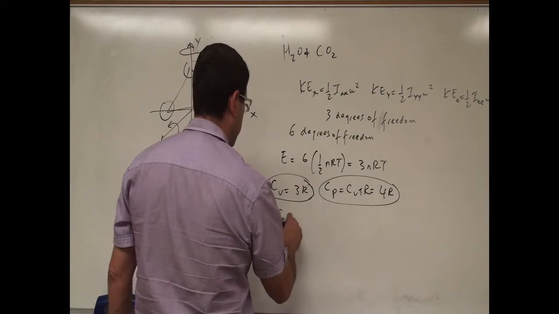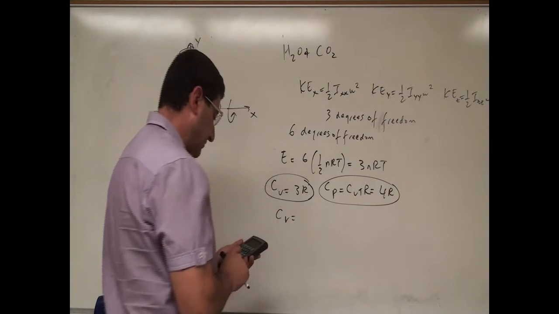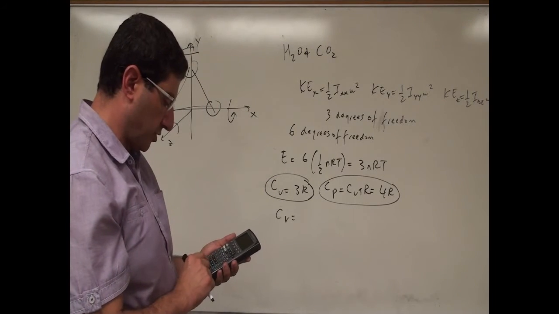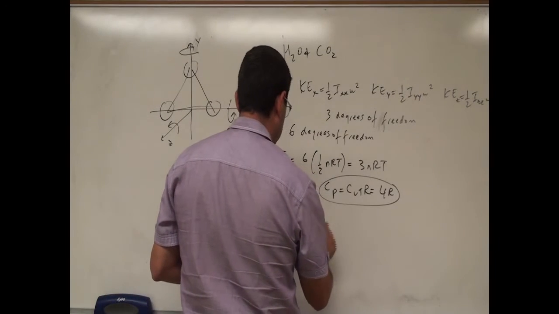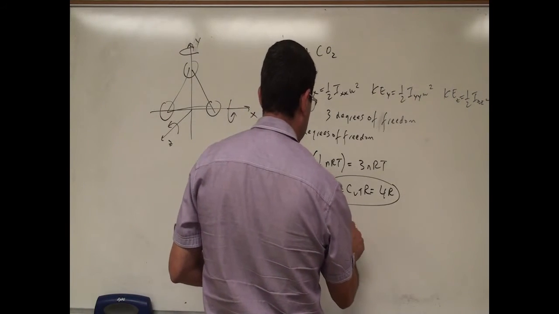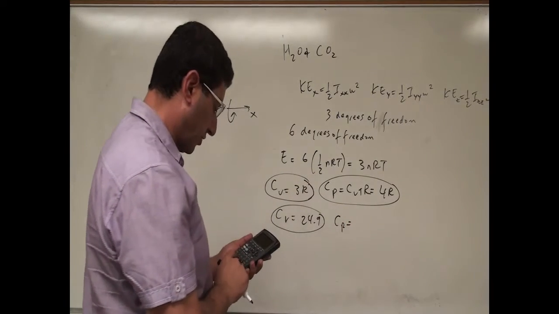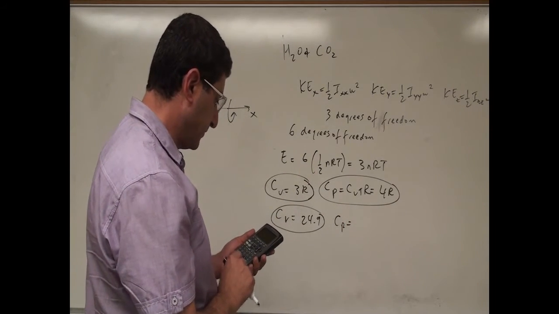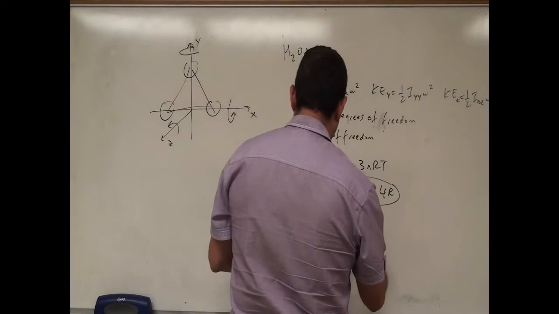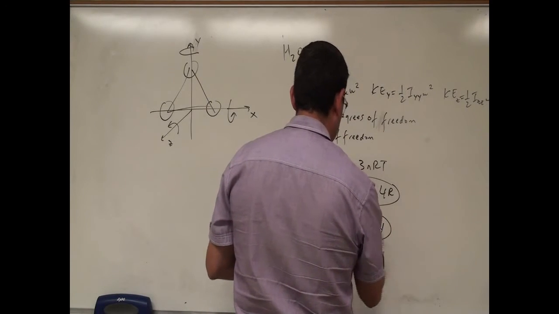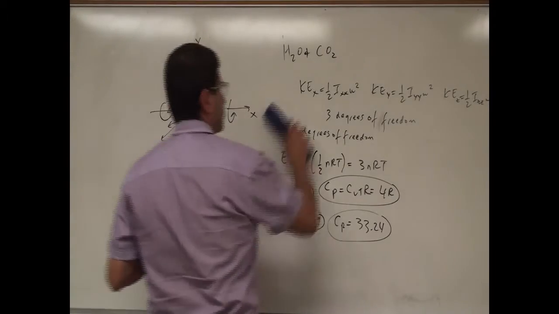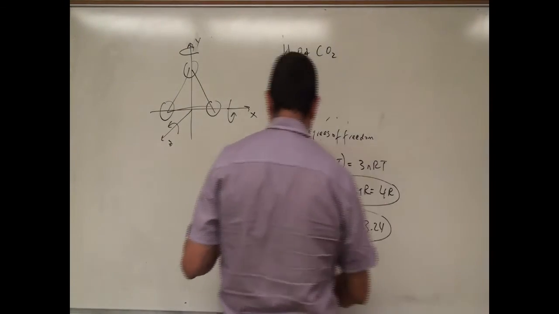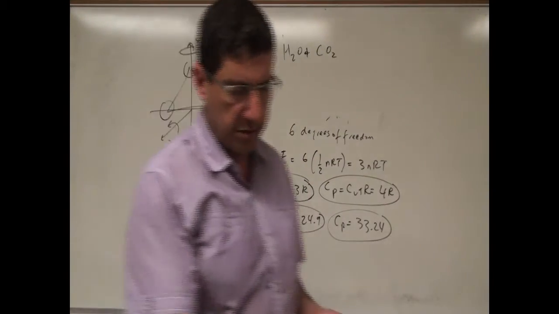So if you do the numbers, Cv ends up becoming 3 times 8.31, so that's going to be 24.9, right? And then the Cp is going to be 4 times 8.31, it's going to be 33.24, okay?